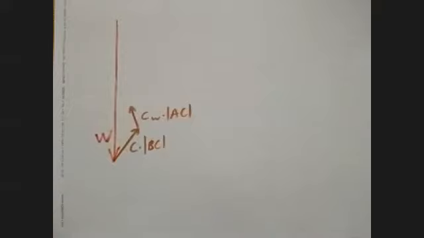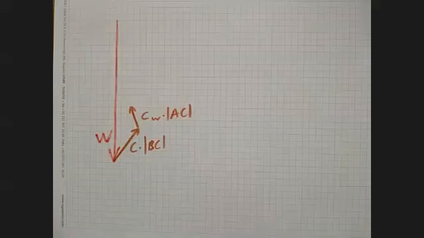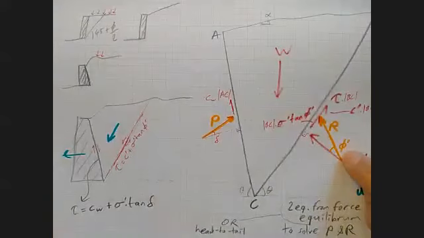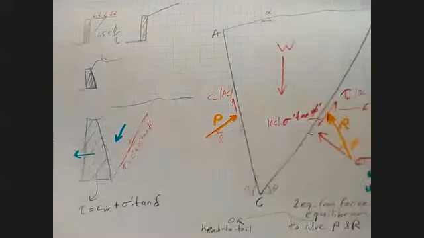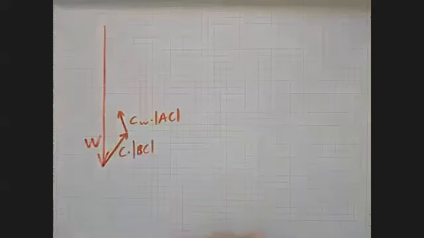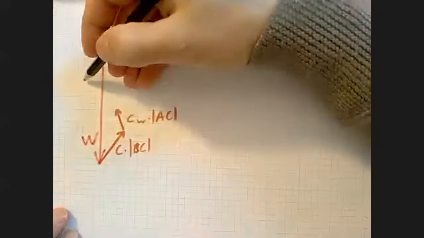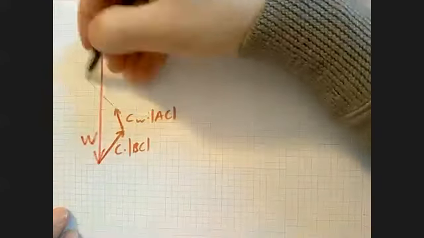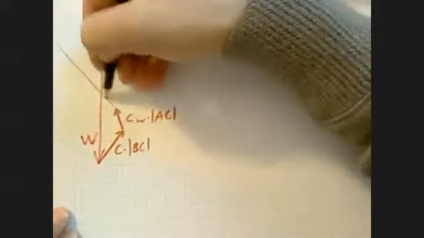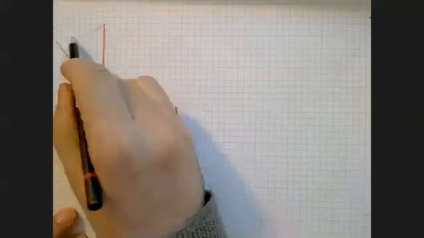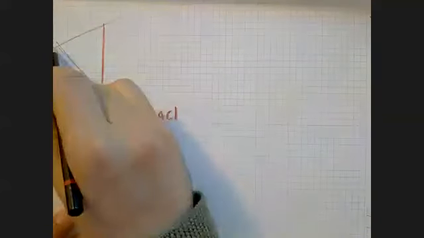Okay, how are we going to solve this? The forces are unknown, but their directions are known. So you plot the directions. So one of them is kind of in this orientation, and the other appears to be in this orientation.